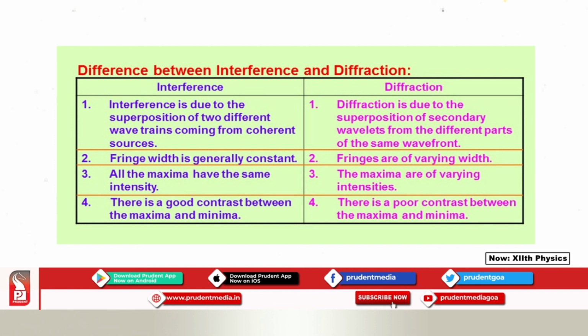In interference all the maxima have the same intensity, whereas in diffraction the maxima have varying intensities. There is a good contrast between maxima and minima, but because of the different intensities, you won't get a clear picture of the bright and dark fringes.